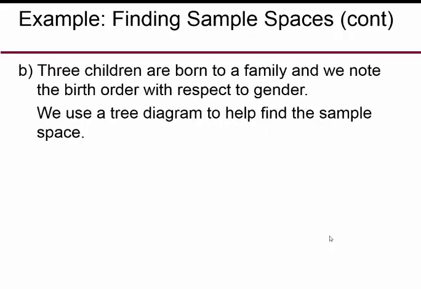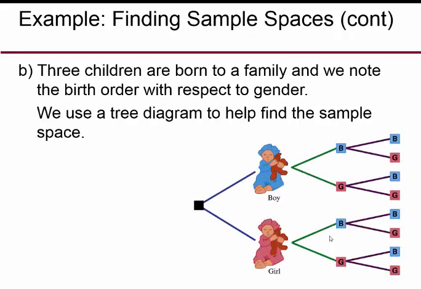For 3 children that are born to a family, we can use a tree diagram to help find a sample space. And so this is the first birth, and then the second, and then the third birth. So we can have a boy or girl in the first one. Once we have a boy, the second child can be either boy or girl. If we have a girl, the second child can be either boy or girl. Once you have the first and the second child, the third child can again be either a boy or a girl.